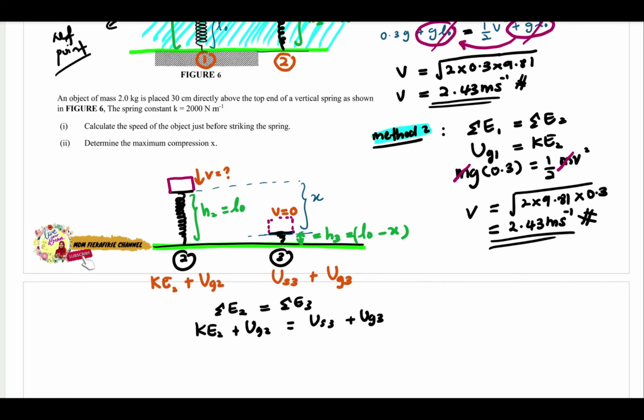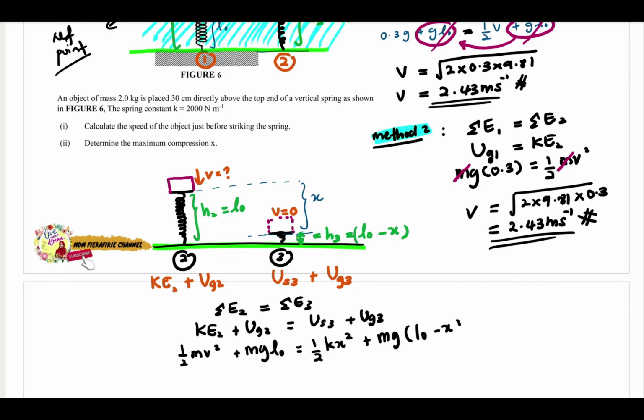Kita boleh substitute nilai dia kalau you nak kira. Plus UG2 mgh, h dia adalah H2, H2 dia adalah L0. And then half kx squared plus UG3 iaitu mgh, h dia adalah L0 minus X.